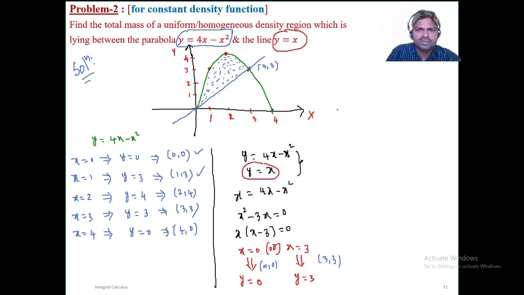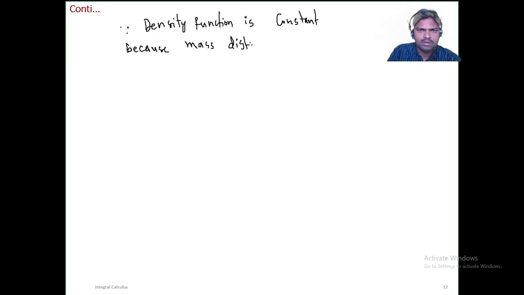Let me take the next slide. Since the density function is constant, because the mass is distributed uniformly.